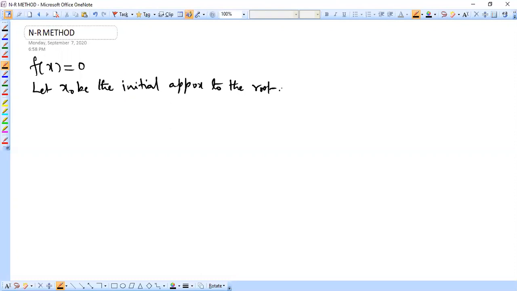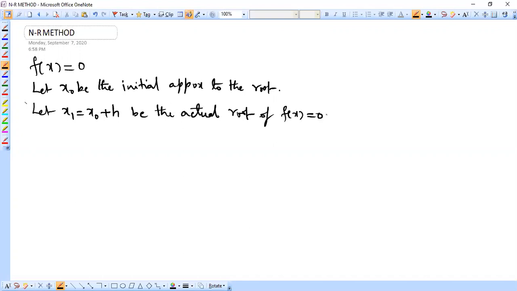Now, let us say that x1, which is equal to x naught plus h, be the actual root of the equation f of x is equal to 0.